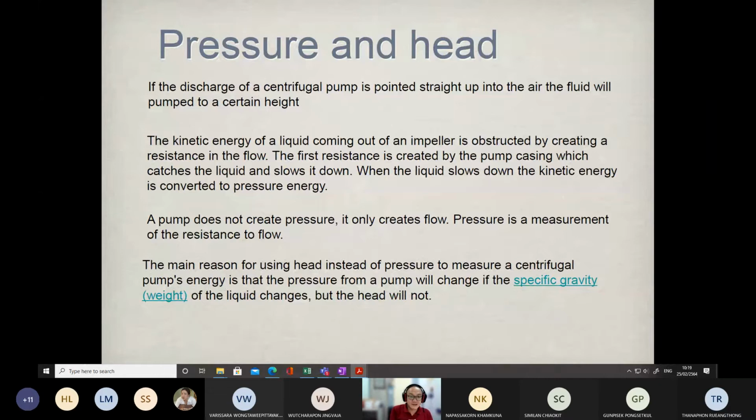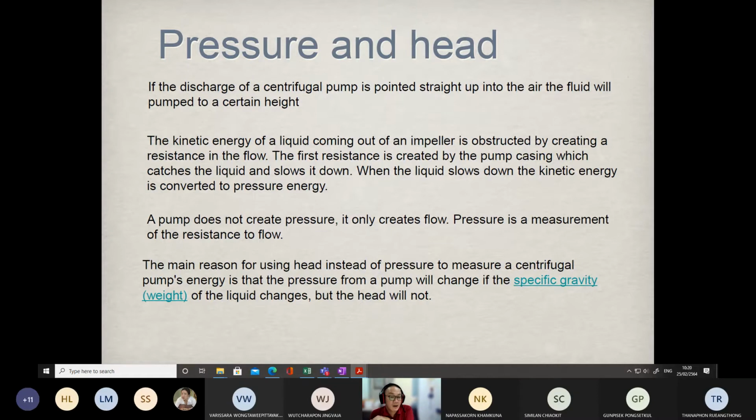We normally use the head instead of the pressure because the pressure may change if the specific gravity of the liquid changes. Specific gravity actually varies depending on the temperature. So higher temperatures give one specific gravity, and lower temperatures give another.